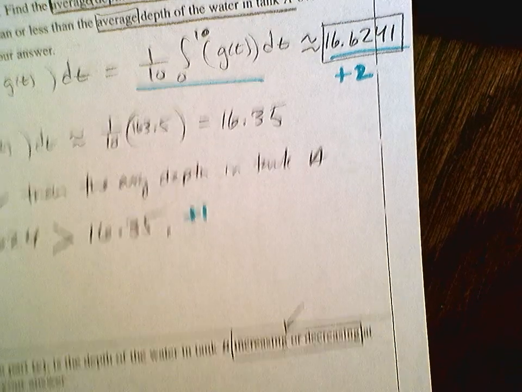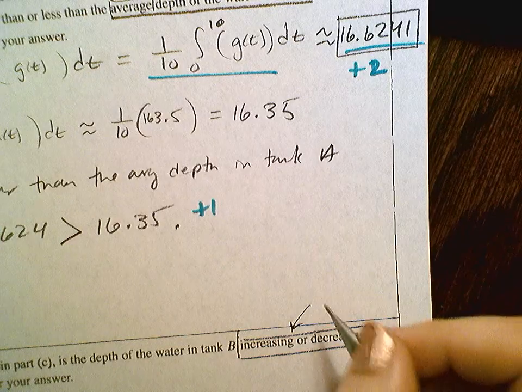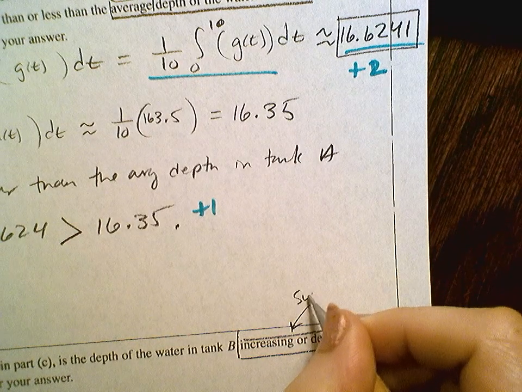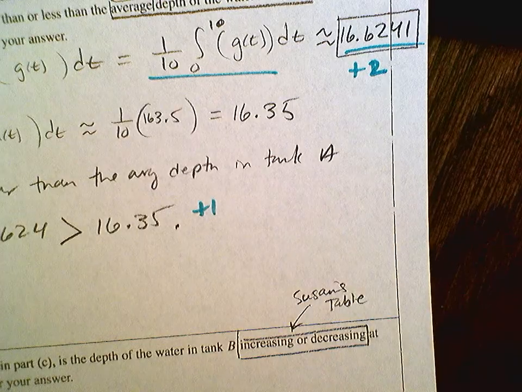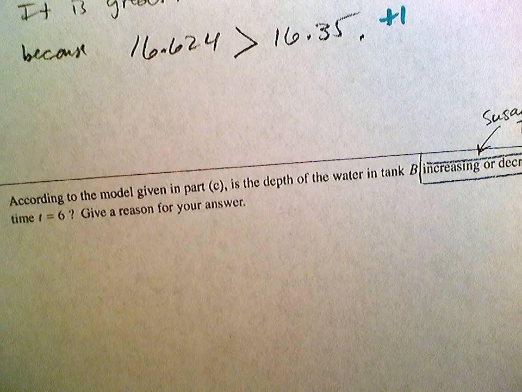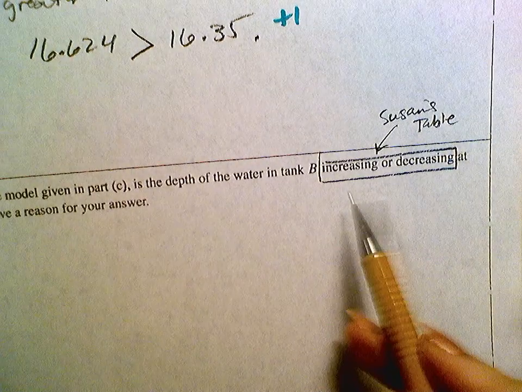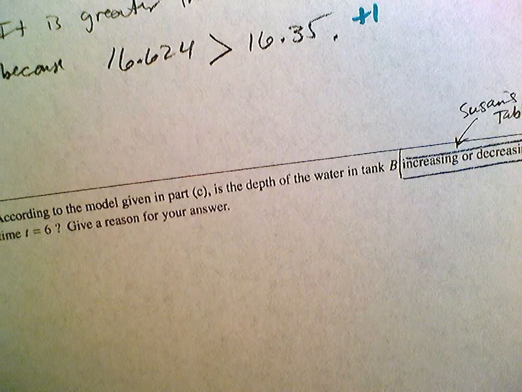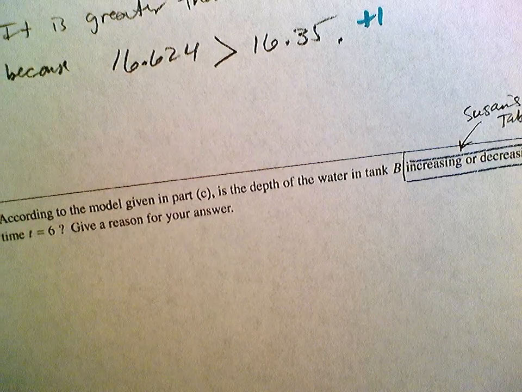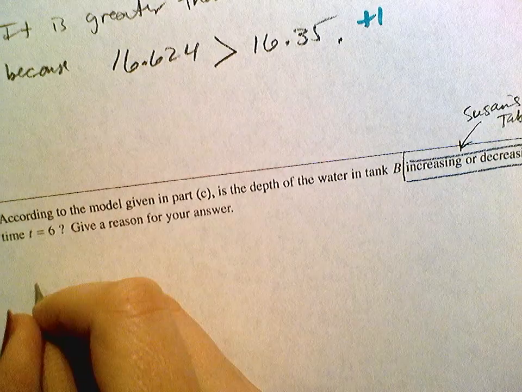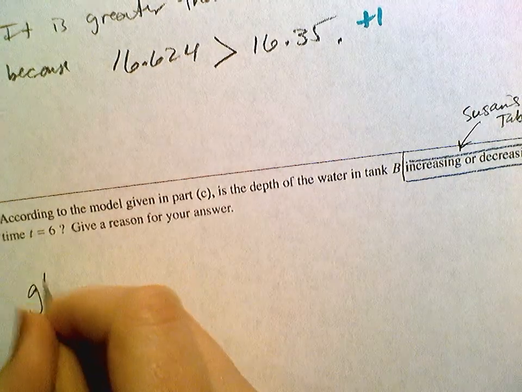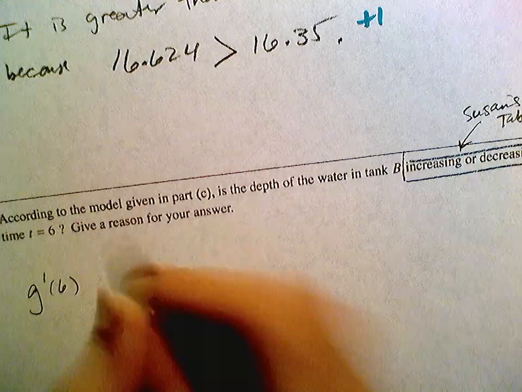You just need to know that whether the derivative is positive or negative is going to tell you that. So what we need is G prime of 6.